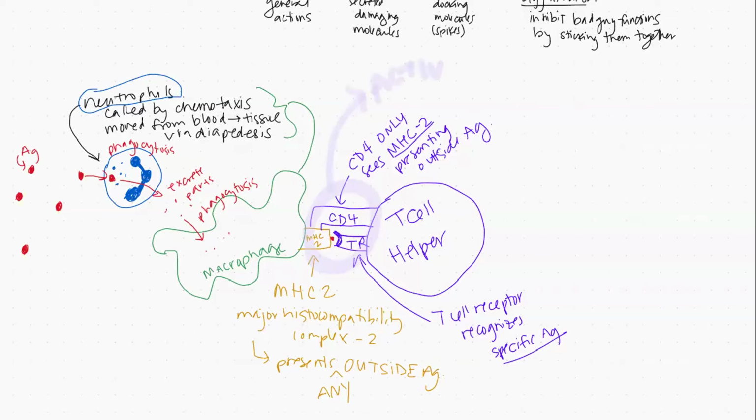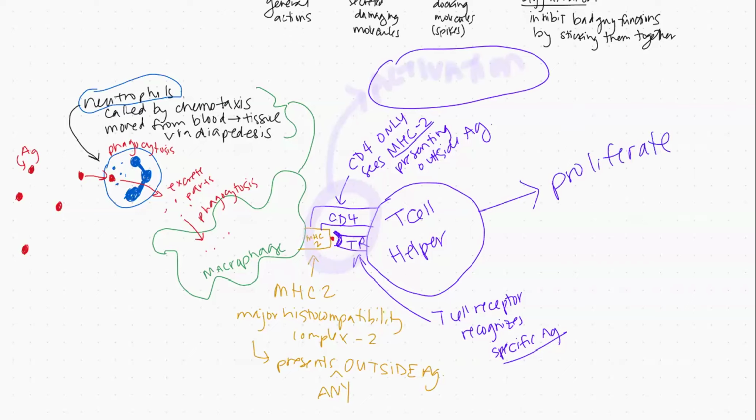Then when this activation happens, the T helper cell will proliferate into a whole bunch of T helper cells, just very nondescript T helper cells.